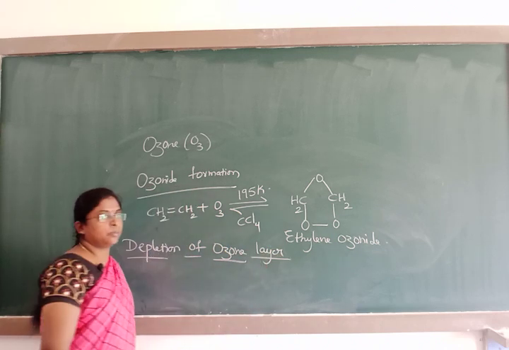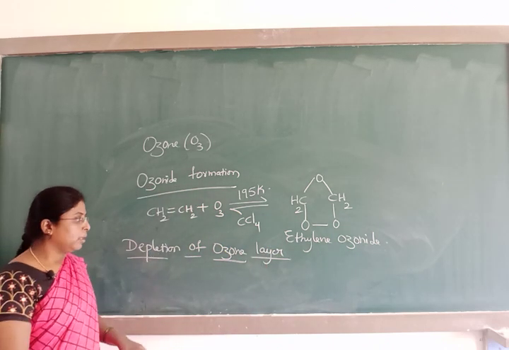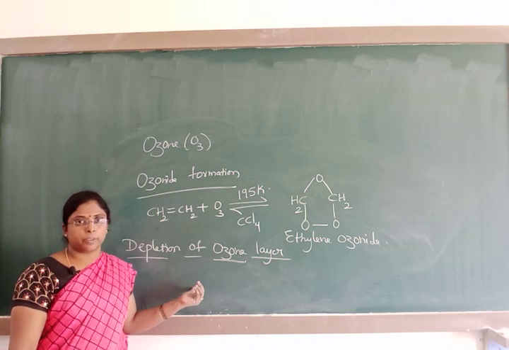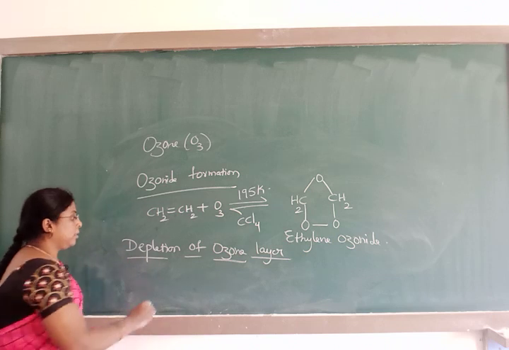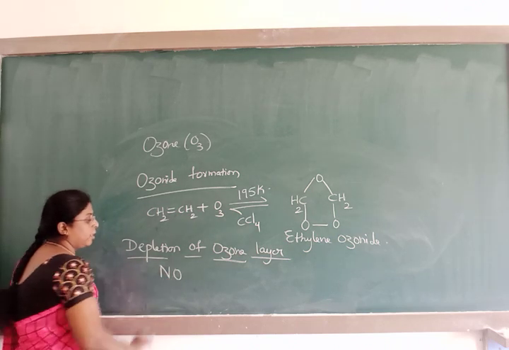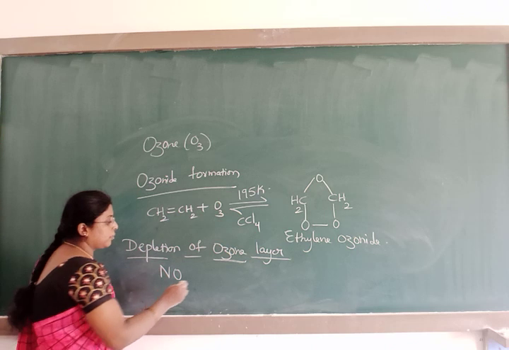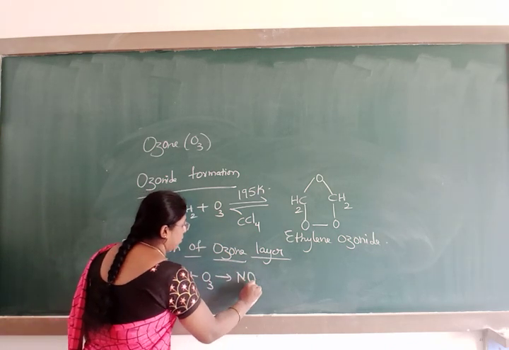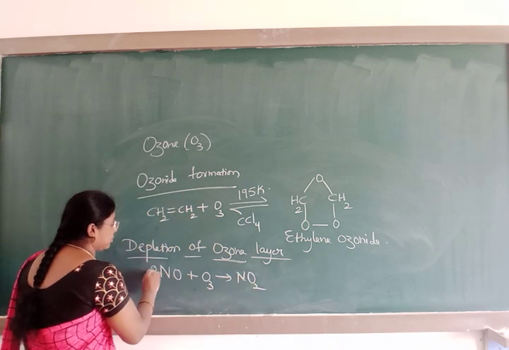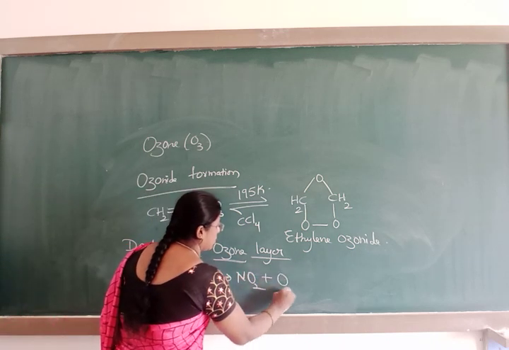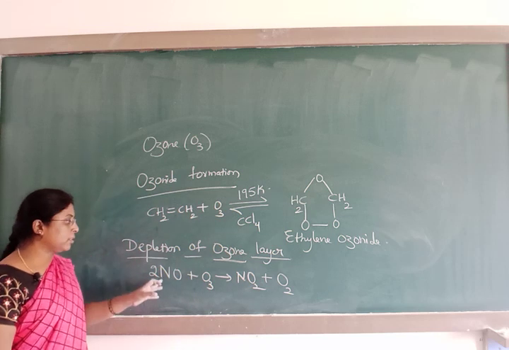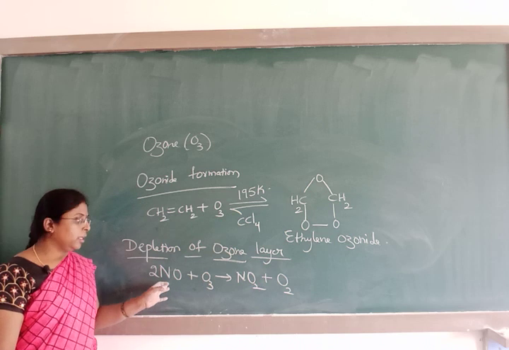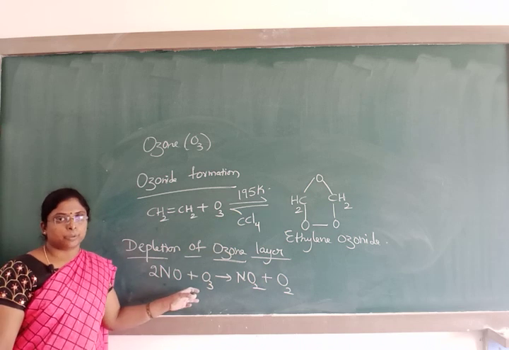Nowadays depletion of the ozone layer is taking place because the effluents of supersonic jet aeroplanes contain NO gas, and this NO gas, when it reacts with ozone O3, converts into NO2 and dioxygen. In this way, the NO released from supersonic jet aeroplanes leads to the depletion of the ozone layer.